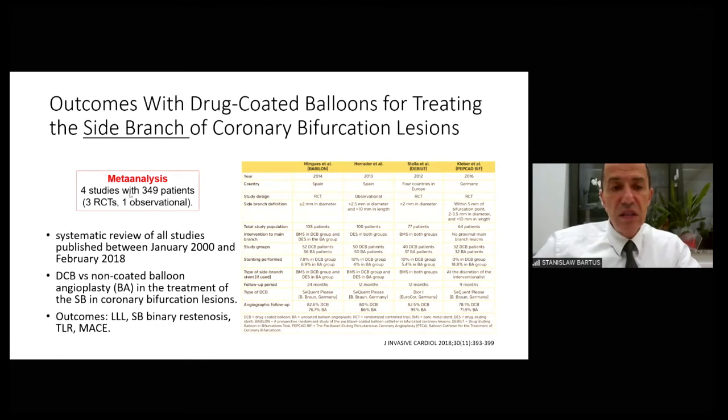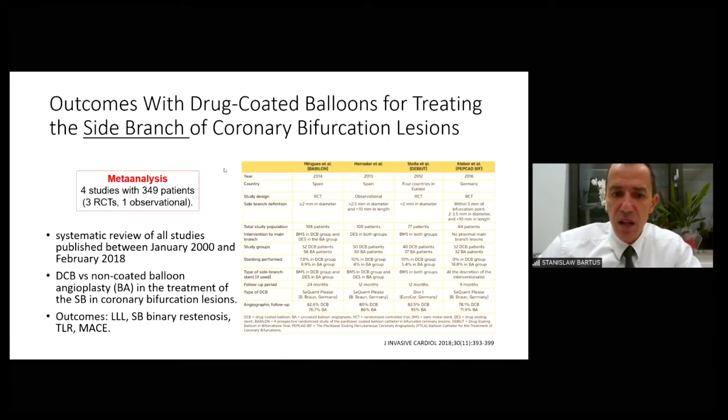So, because all these studies included very small populations of patients, a very nice meta-analysis of 4 studies was done, including almost 350 patients, with 3 randomized trials and 1 observational.